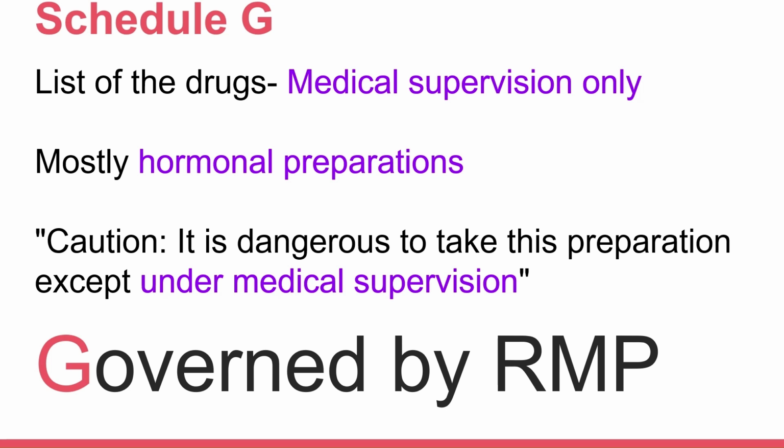All drugs which have to be used under medical supervision are included in Schedule G. Such drugs should have a label with a warning. That warning is, it is dangerous to take this preparation except under medical supervision.